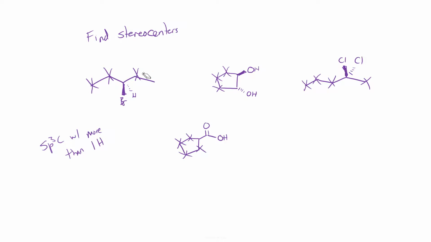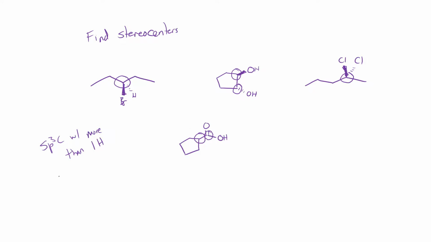Hopefully, as you've been practicing this, you've been noticing what a CH2 group looks like, what a CH3 group looks like, etc. So we can eliminate all of those, and that really leaves just the positions where we have a single hydrogen or no hydrogens at all, as potential carbons that can be stereocenters. Really quickly we can narrow this down.